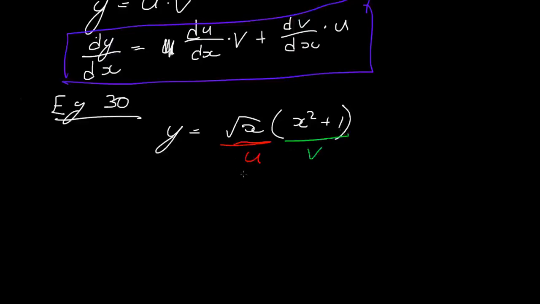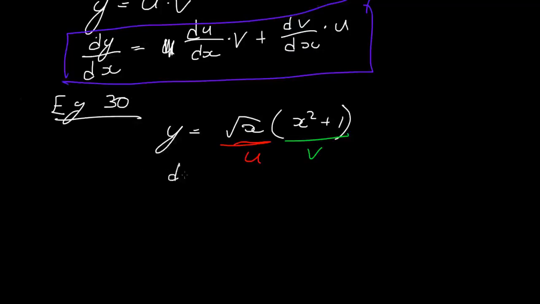And they're asking you to differentiate, so we know that dy by dx is equal to du by dx v plus dv by dx u. So what do we need? We need du by dx, we need v, we need dv by dx, and we need u. We already know the values of u and v. We need to calculate du by dx and dv by dx and then substitute it into this formula.